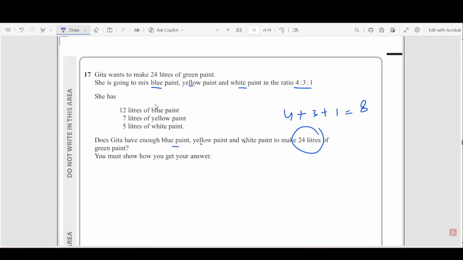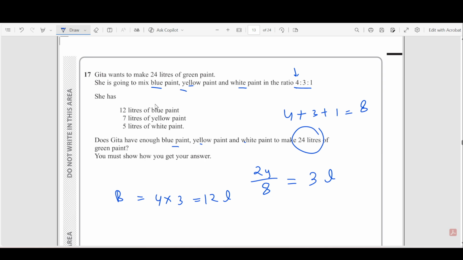The total volume of green paint to be made is 24, and each part represents 24 over 8. Each part is out of 8, right? So 24 divided by 8 is 3 liters. Now the volume of blue paint needed: the ratio for blue is 4, so 4 times 3 is 12 liters.